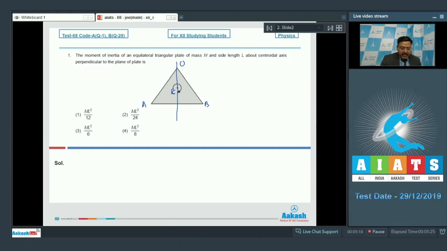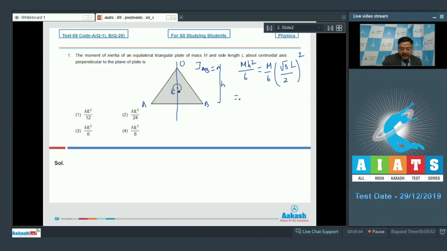Well, the moment of inertia about the axis AB is IAB, and if this height is h, then IAB is equal to mh square by 6, which is equal to m by 6, and h will be root 3 L by 2.